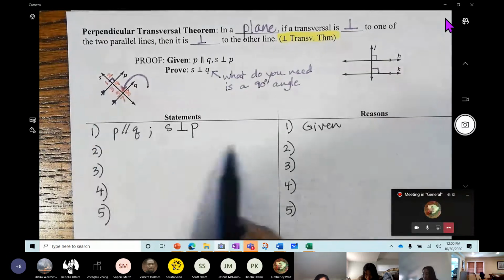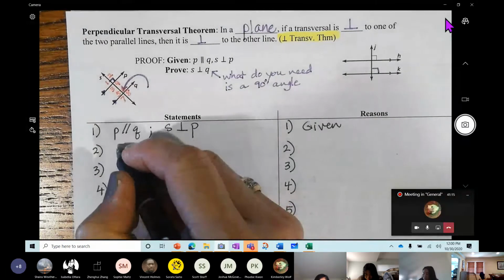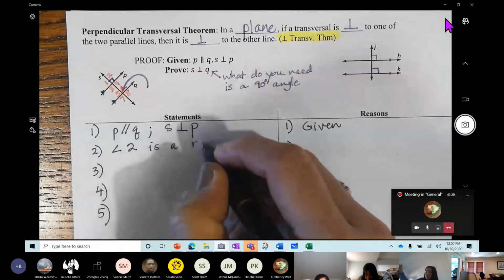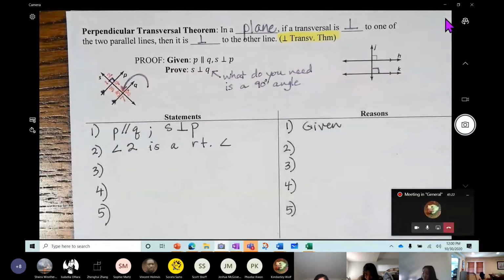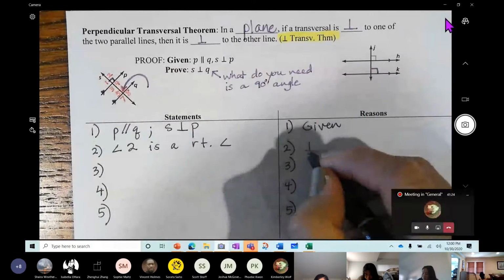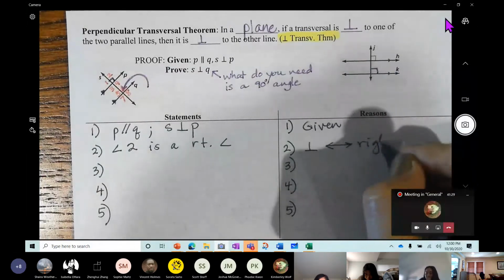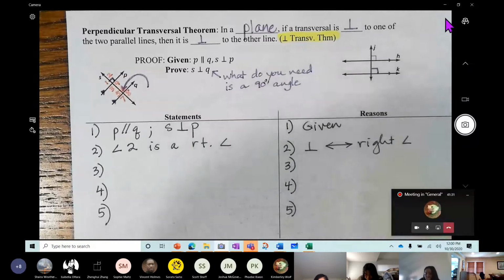We're now going to state that angle 2 is a right angle. The reason we're going to say that is because perpendicular lines form right angles.